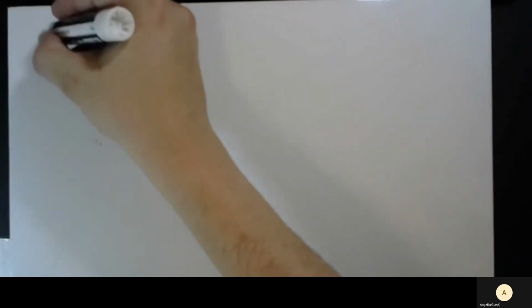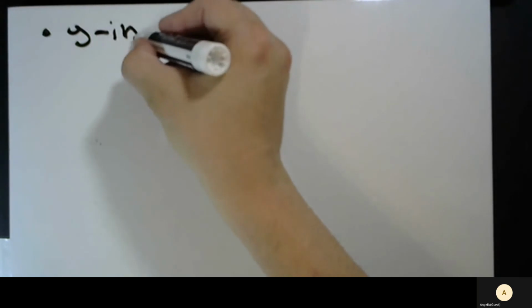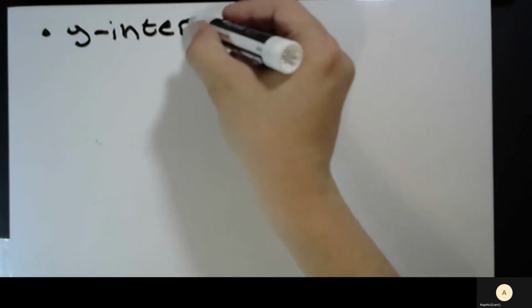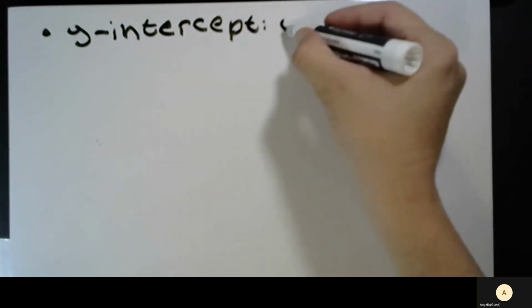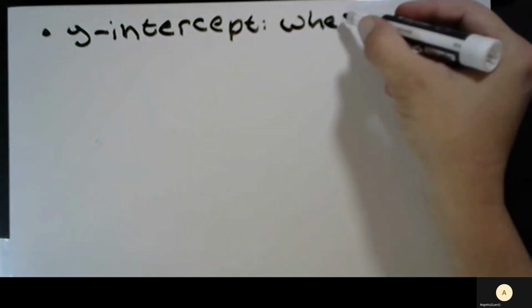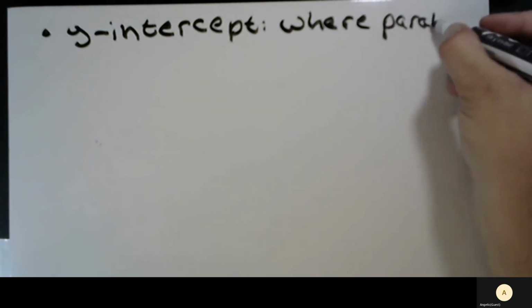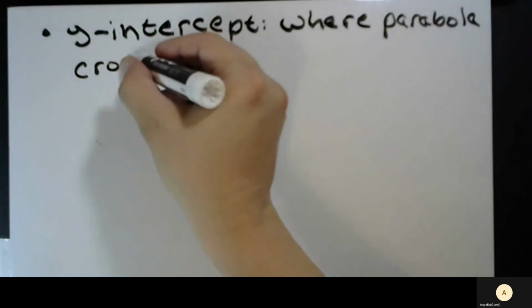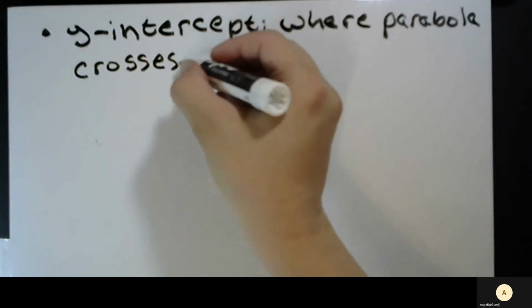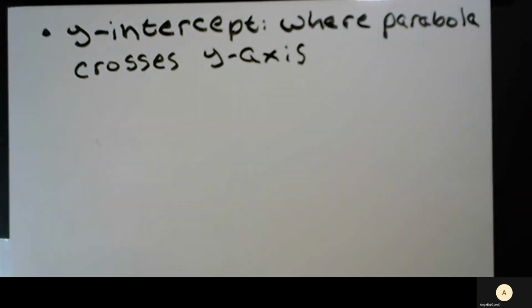But let's take a look at y-intercepts, or where the parabola crosses the y-axis.